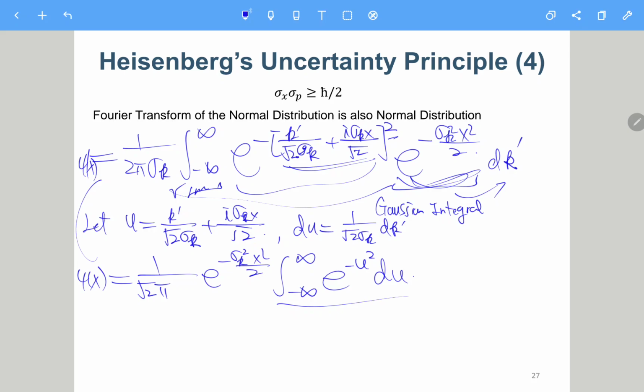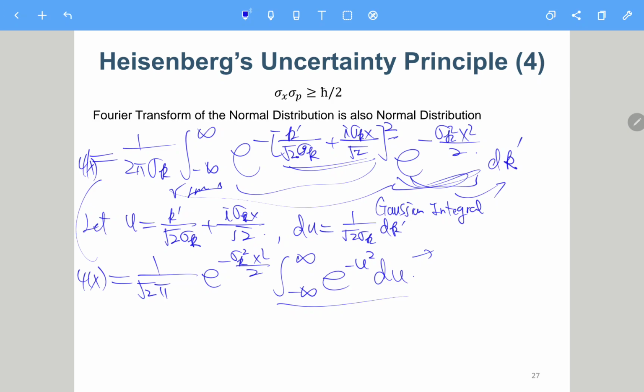I'm not sure whether you have learned in the calculus class how to do this integration. Actually, if the limit is not from negative infinity to infinity, or from 0 to infinity, it might not be integrable. There is no closed form for the indefinite integral.